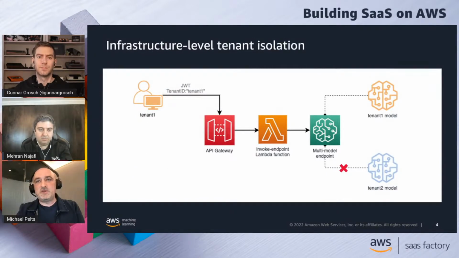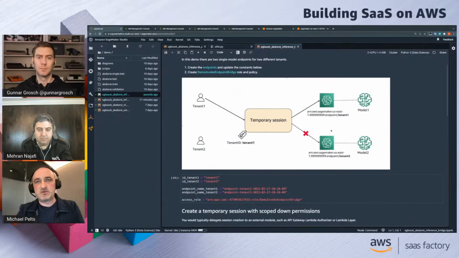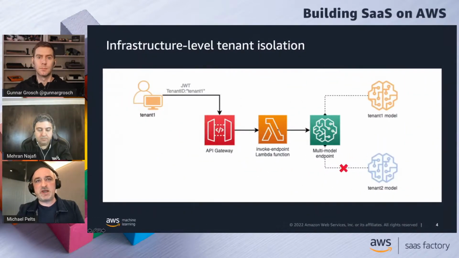So the bridge model is similar to the pool model with respect to the reused API gateway and Lambda. But for the inference endpoints themselves, they use silo approach. So as we see here, we use dedicated inference endpoints on one hand, and shared Lambda and API gateway on the other hand.